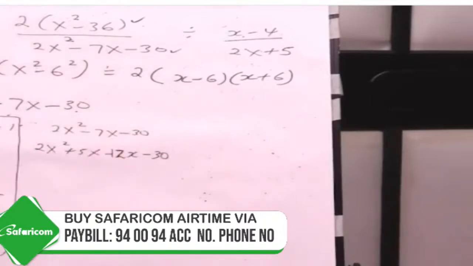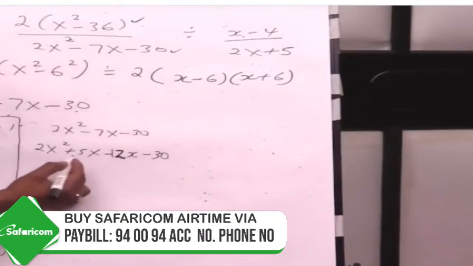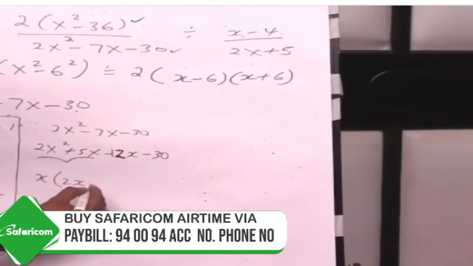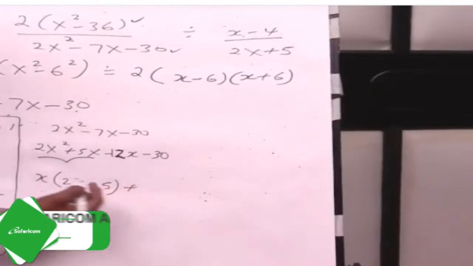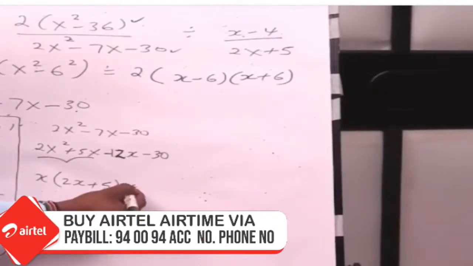Solve this quadratically in short. So what do we get? The common factor here in these two is x. So x into 2x squared is 2x, plus x into 5x is 5, no, minus, sorry, here is minus, this is minus.